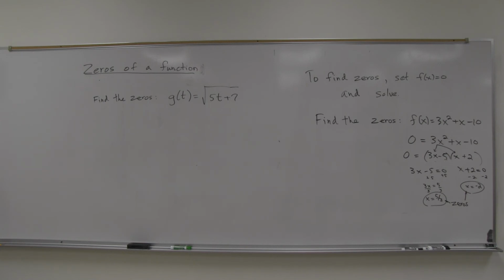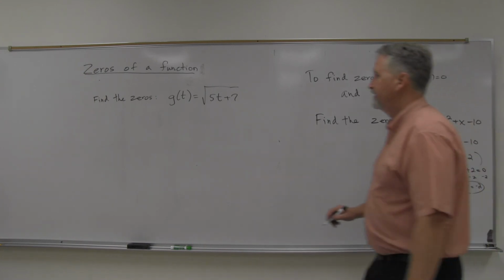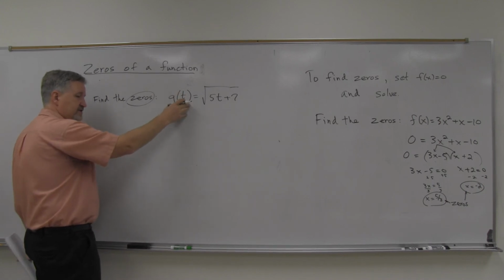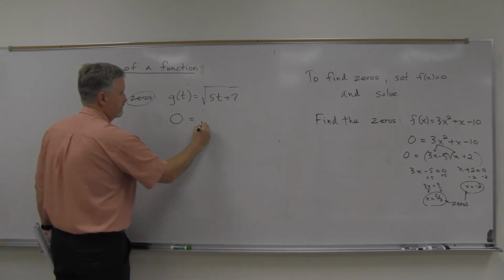Same thing? Yes. I think so, yeah. We're going to set the function value. It may not be f of x. In this case, the function value is g of t. So I'm going to set g of t equal to 0. So the zeros are just when the function value is 0.